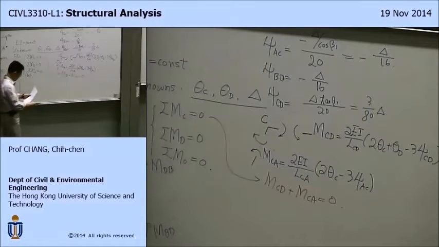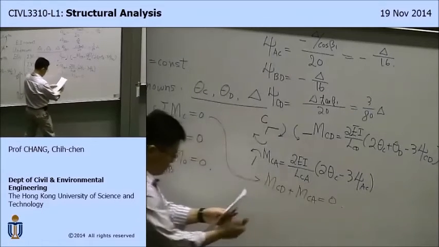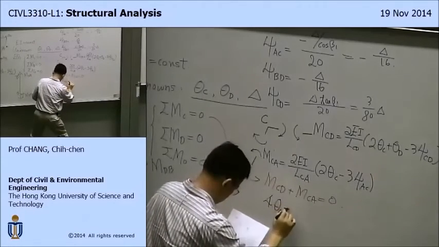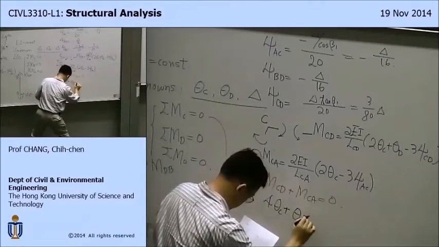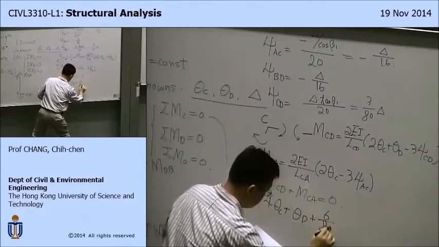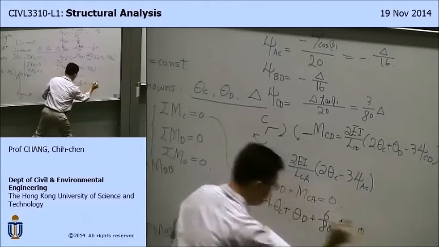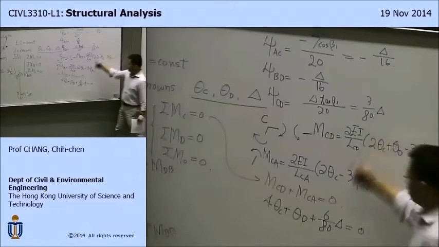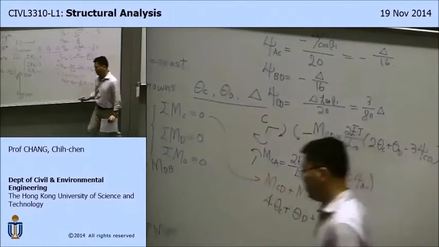So let me give you the first equation explicitly. The first equation is 4 theta C, theta D, that's the first equation. All right, second equation, you follow the same approach.